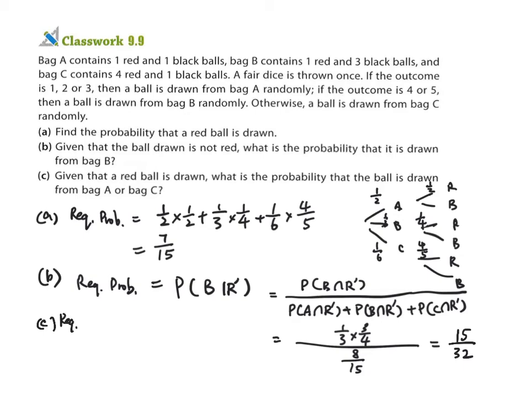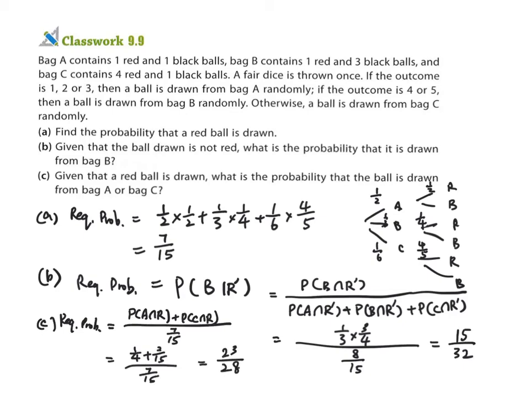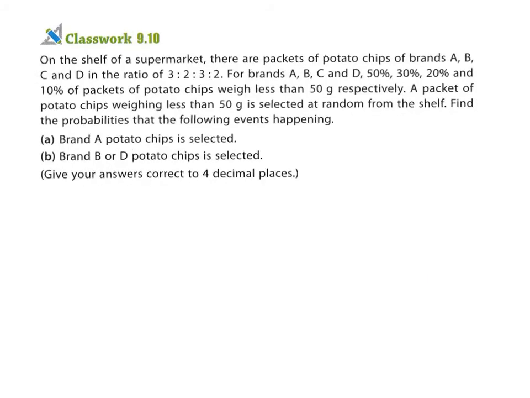So the required probability equals A and R or C and R, and then the denominator is 7/15 from part A. So A and R is 1/4, C and R is 2/15, and then over this value. So it equals 23/28. That's the answer.